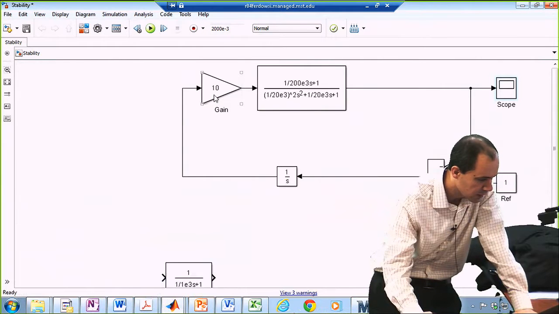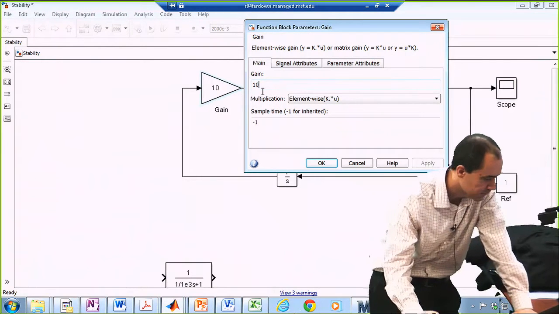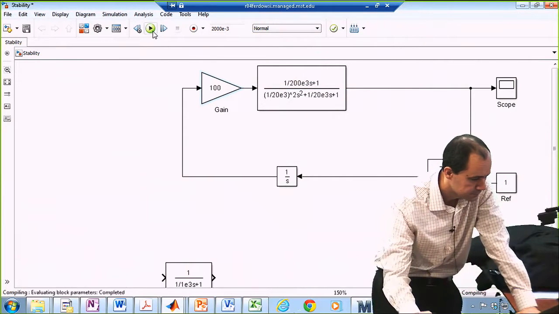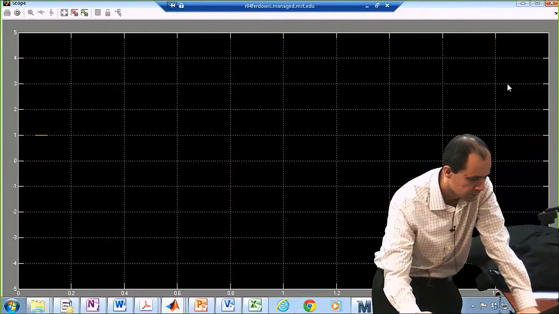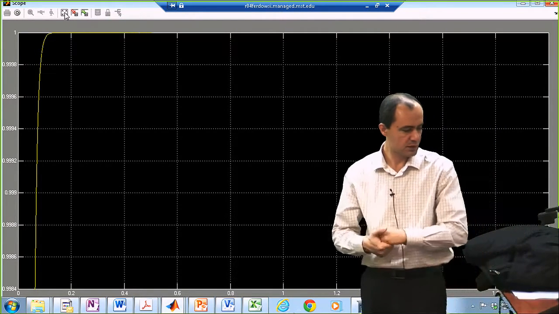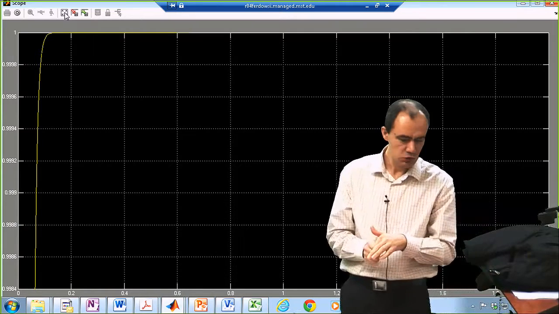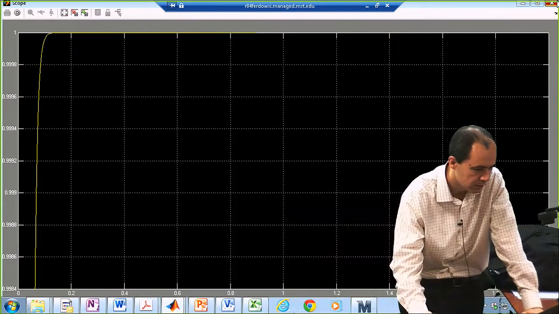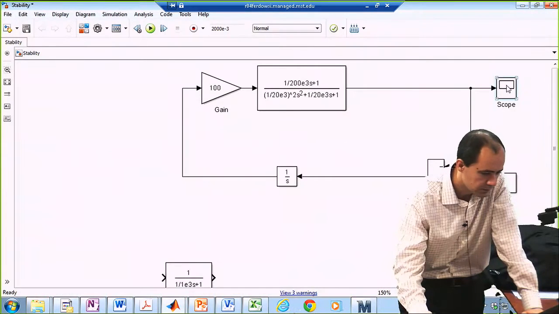So I'm actually increasing this gain. Okay, so now you can see the system is fast. It only took less than 0.2 seconds to get to the steady state compared to the previous case, and it is still stable. All right, so that's good.